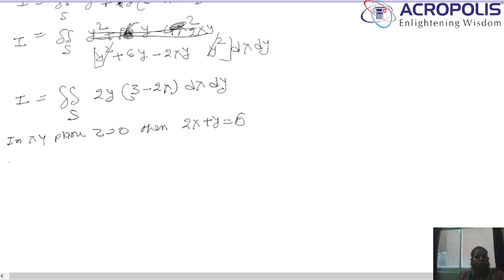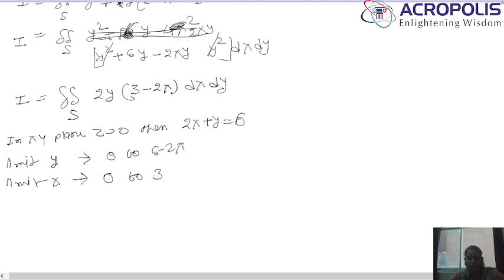So the limit of y will be 0 to 6 minus 2x, and for finding the limit of x we put y equal to 0. So the value of x varies from 0 to 3. Here we apply this limit and simplify, we will find the value of the surface integral.